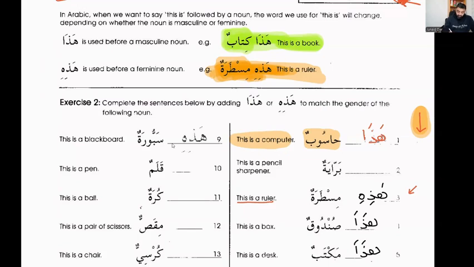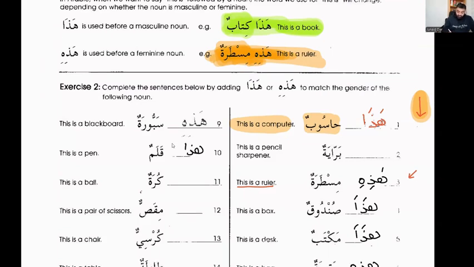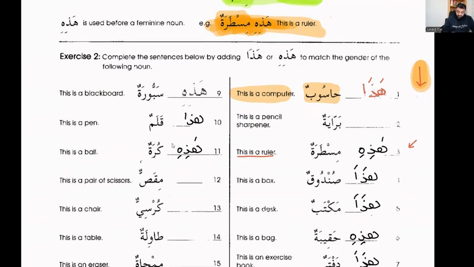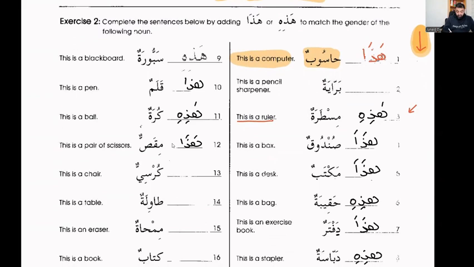هذا قلم. Very good. MashaAllah. Number 11. هذه كرة. Good. 12. هذا مقياس. Good. Next to number 13. هذا كرسي. Good.